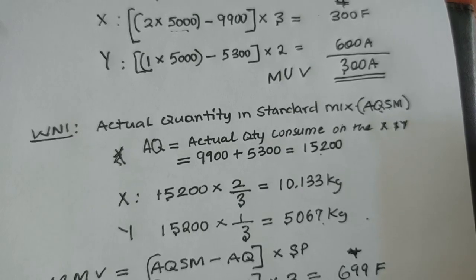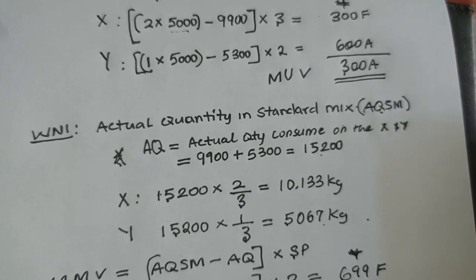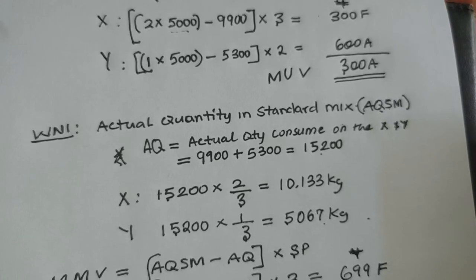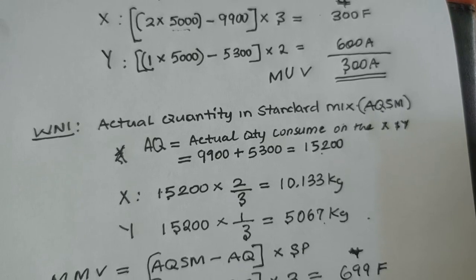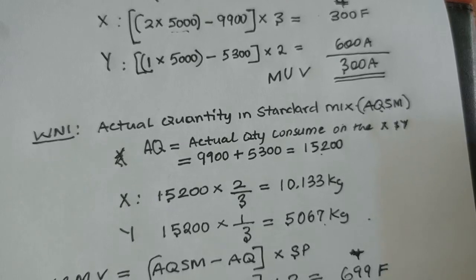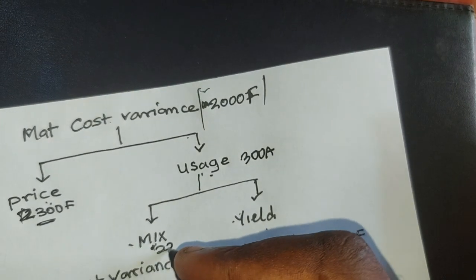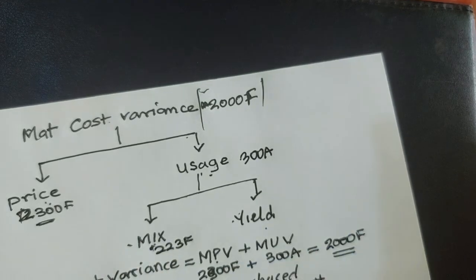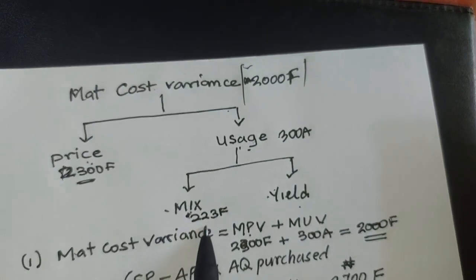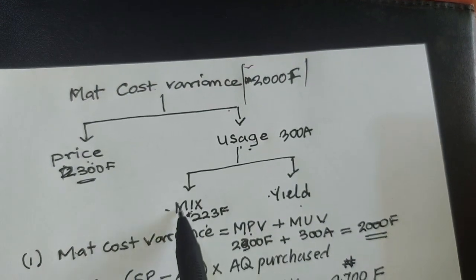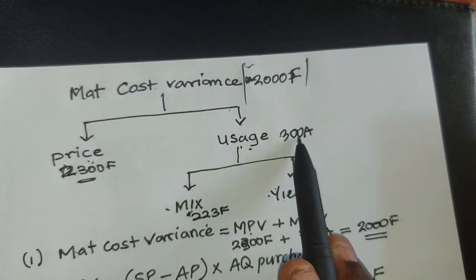This will give you 233, of course, favorable. So our material mix variance is 233 favorable. Don't forget, I told you that mix plus yield must give the usage.